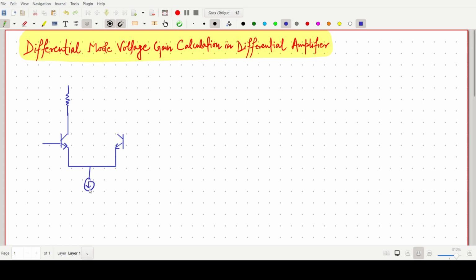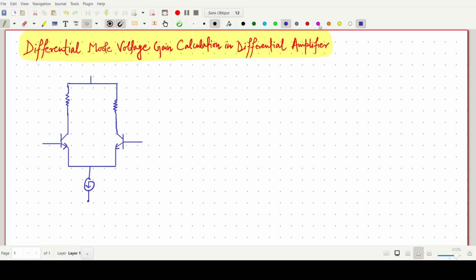And one current source. And one more resistance here we have to add. So this one is the rough sketch.